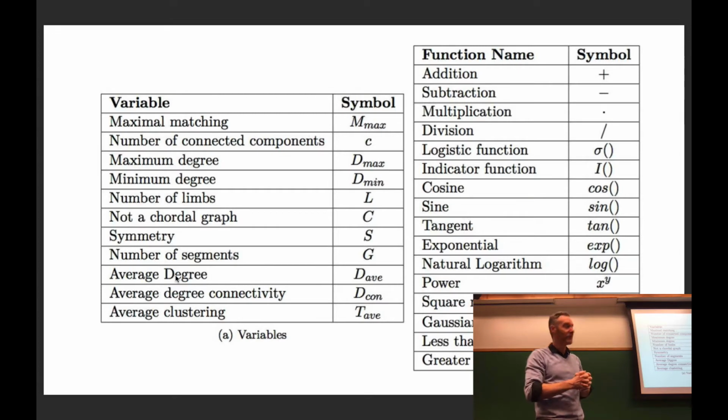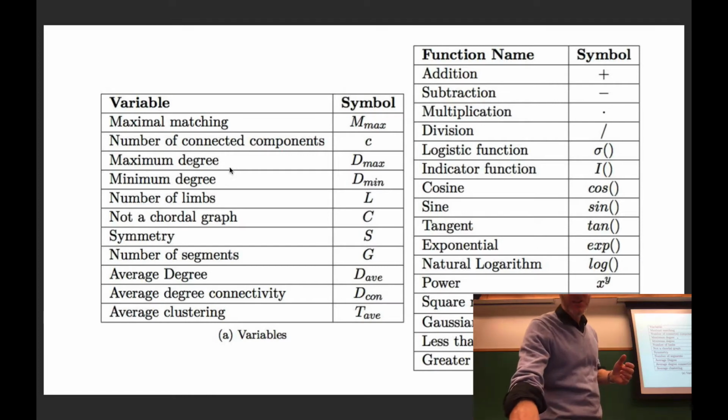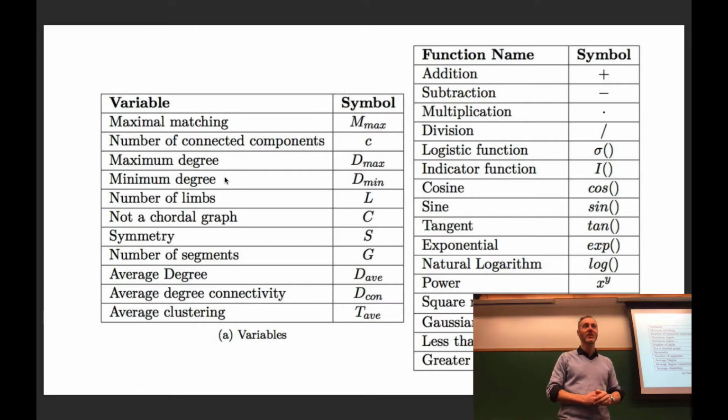So if we have a given node in a DotBot, we might look to see what is the single node that has the largest number of edges arriving at it? Or alternatively, for exactly the same DotBot, we might ask, what is the node that has the fewest number of edges arriving at it? Each element in this list here is some descriptor of a single graph.